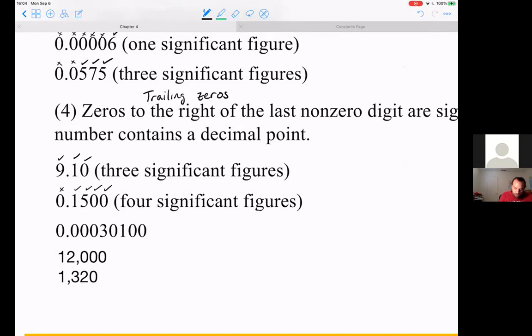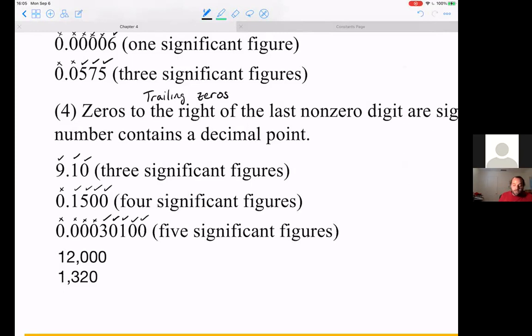All right, and our last one, again, not going to count any of the leading zeros, but I'm going to start counting these ones. This middle one is sandwiched between 2 non-zeros, so that's definitely significant. And then because this number contains a decimal, these trailing zeros are also significant. So this would have 5 significant figures.